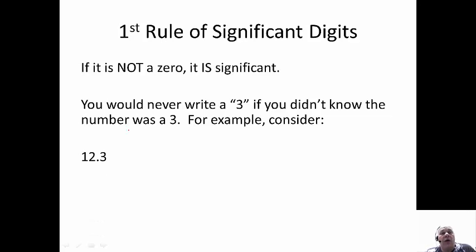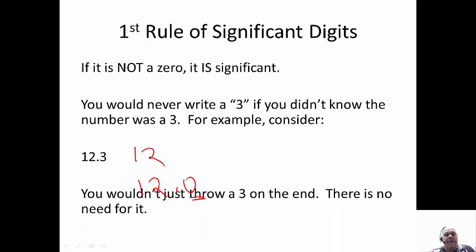If I have 12 of something, I wouldn't write it as 12.3 just to throw a number in the 10th place. I would either write it as 12 if I didn't know the number, or 12.0 if I did know the number, but I wouldn't just throw a 3 in there if I didn't actually measure it. So any number that's not a 0 is always significant.